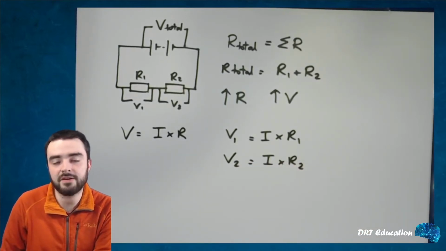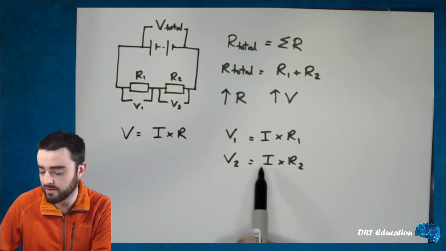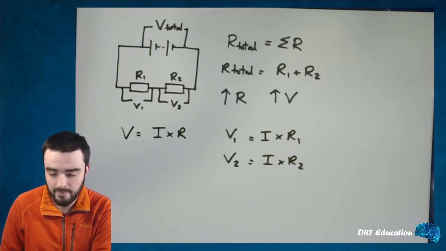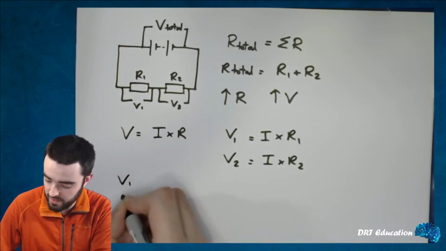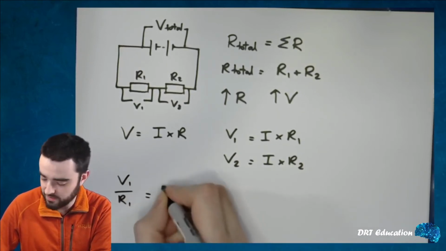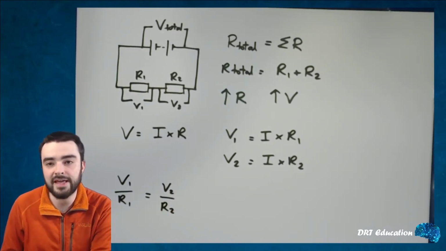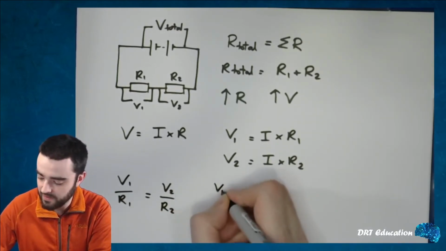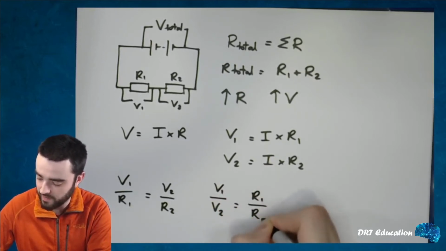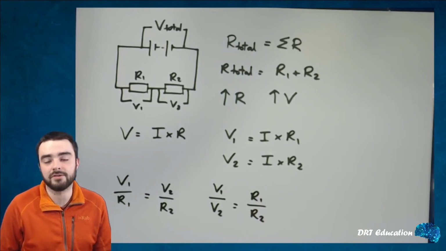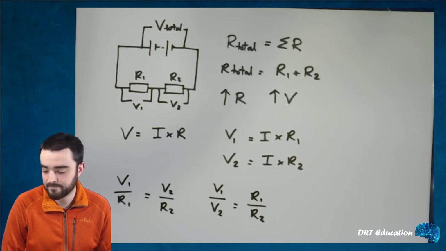Now, because this is a series circuit, the current is going to be the same throughout the entire circuit, so I remains constant. This leads us to being able to rearrange these equations to say that V1 over R1 is equal to V2 over R2. We could rearrange this again to put them into ratio. So we could say that V1 over V2 is equal to R1 over R2. So the ratios of the voltages and the resistances are going to be the same.